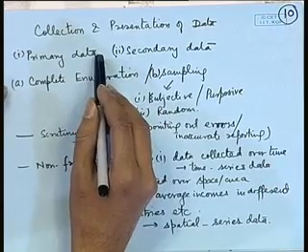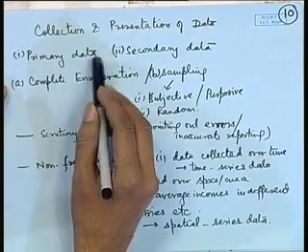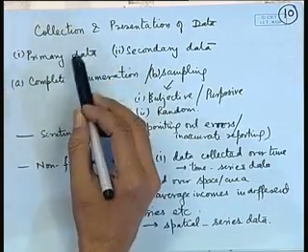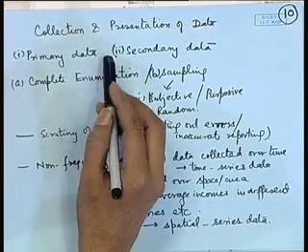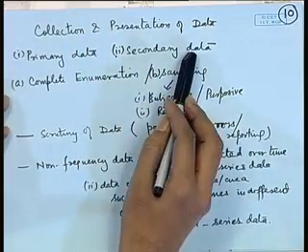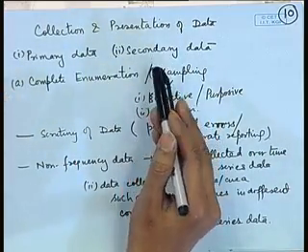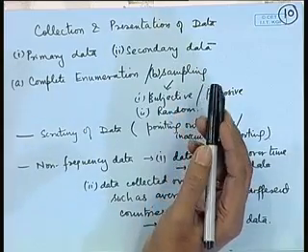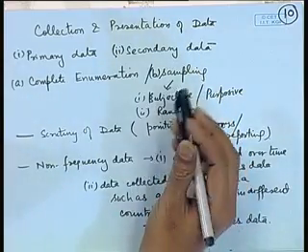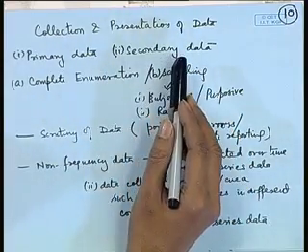This is called primary data collection. So, in general we deal with two types of data sets, primary data and secondary data, and depending upon your objective and what kind of data is already available, we go for either of them.